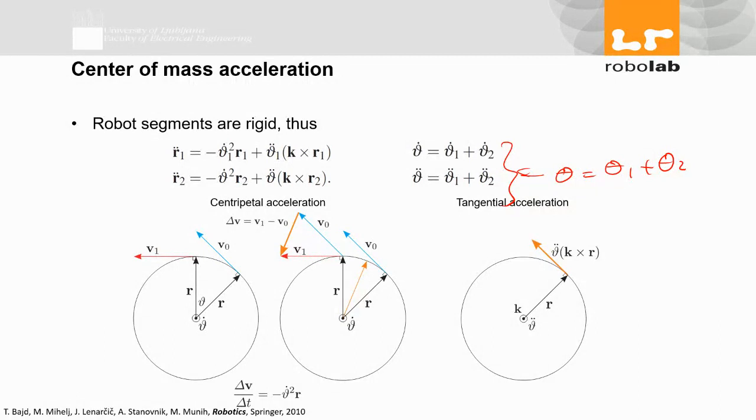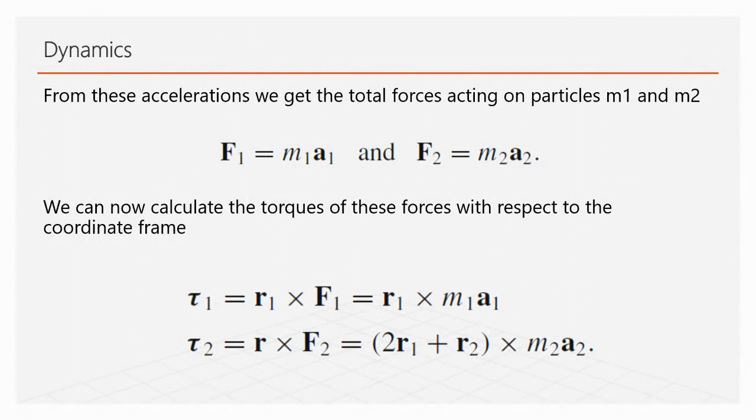And a graphical explanation of how these vectors are calculated, if you want a graphical understanding, will be like this. Based on this, you can write down the forces now.